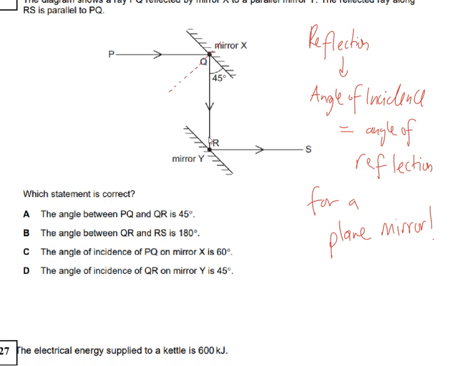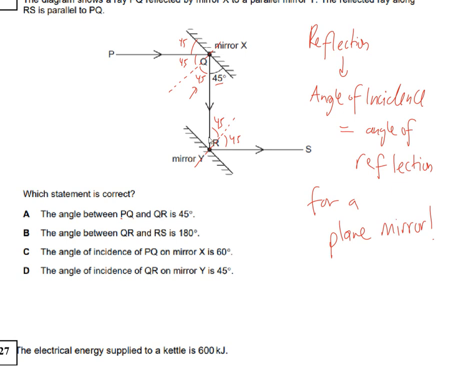This is 45, this is 45, this is 45, this is 45. We need to draw the normal. Now if this is 45, this is 45. Now the question is the angle between PQ, where's P? PQ, and QR, where's QR?